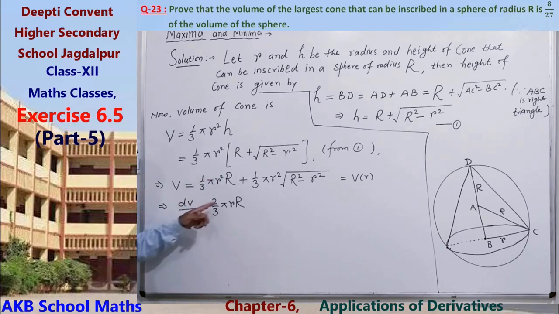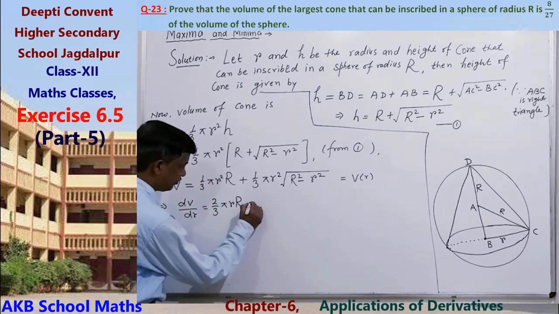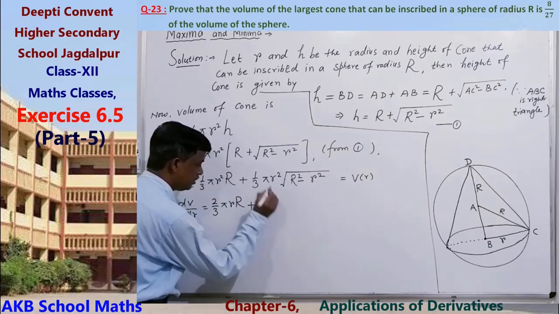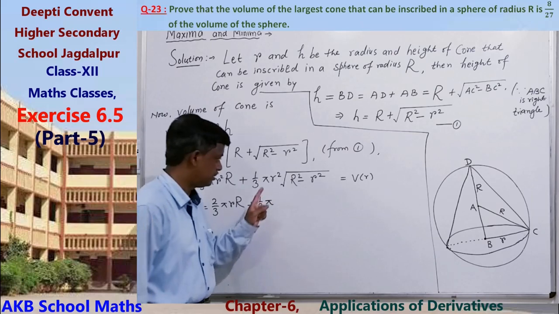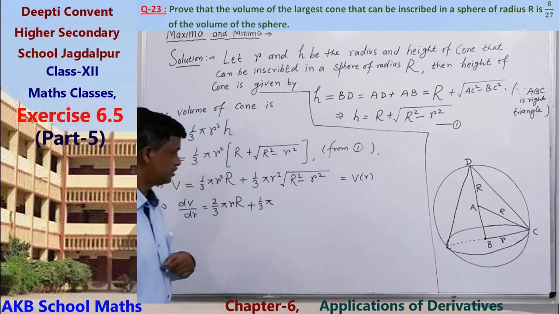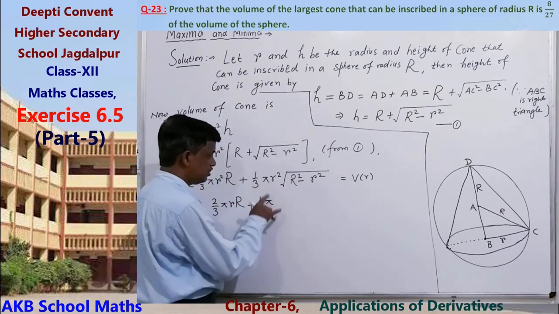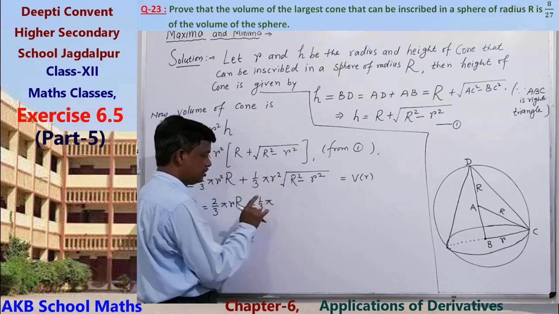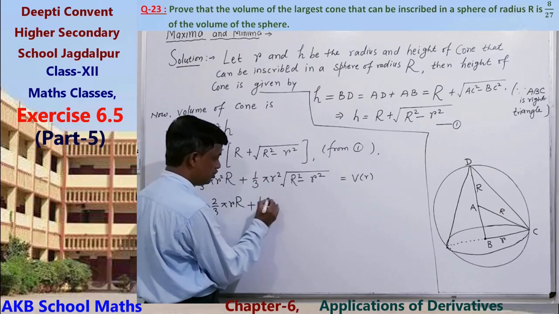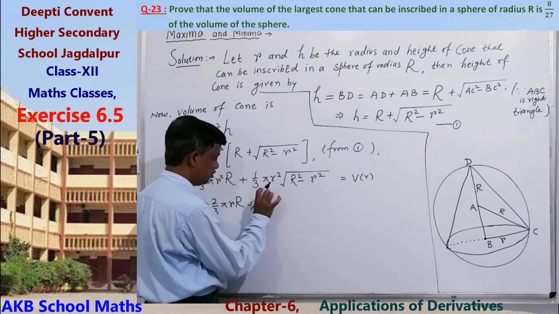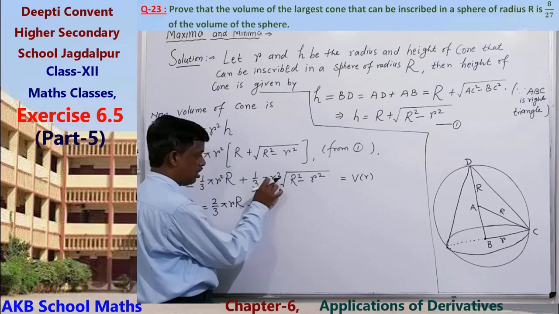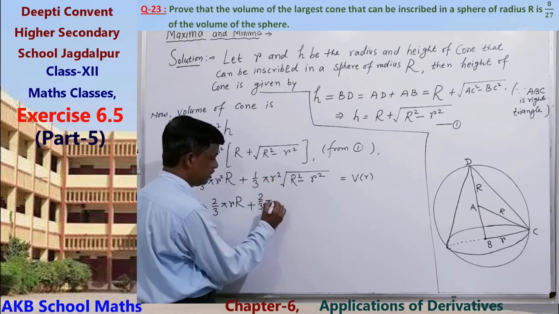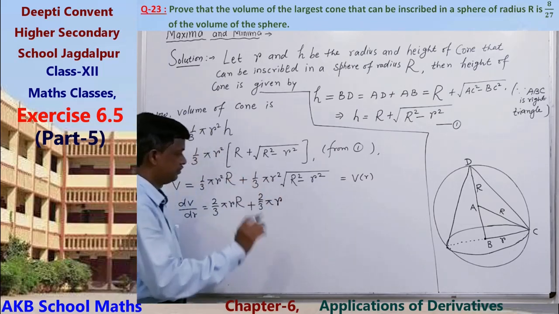Differentiate 2r, plus here 1 by 3 pi. Now it is a product of two functions, r square and this. So 1 by 3 pi is constant; first function differentiated gives 2r, so 2 by 3 pi r.